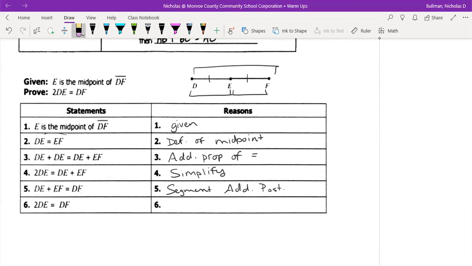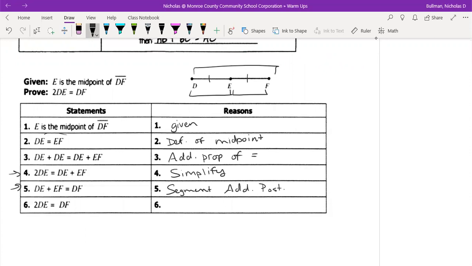So next, I'm going to move into my last statement, that I have 2DE equals DF. Sorry about that. So we have to figure out where that came from. And I'm going to use statement 4 and statement 5 to help piece that together.